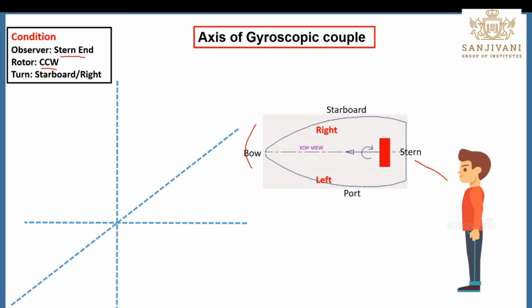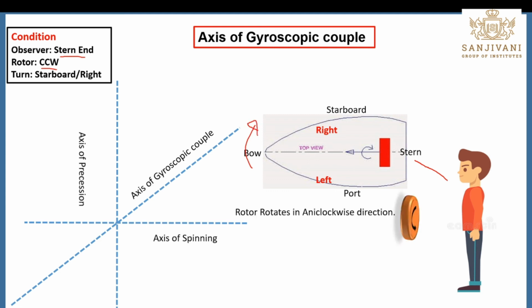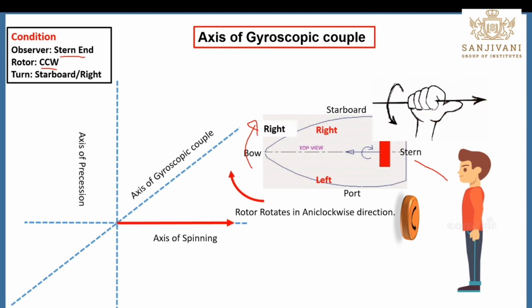This is the starboard side, the right side, that means this direction is the clockwise direction, and the rotation is anti-clockwise. That's why the vector is towards this direction. That means we need to rotate the axis of spin in the clockwise direction till it approaches the third axis. This is the direction.